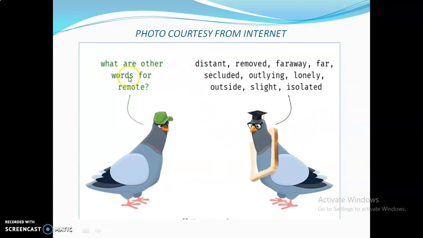And now you see what other words are used for the word remote. Distance, removed, far away, far, outlying, lonely, outside, slight, isolated. So all these words are used for remote.